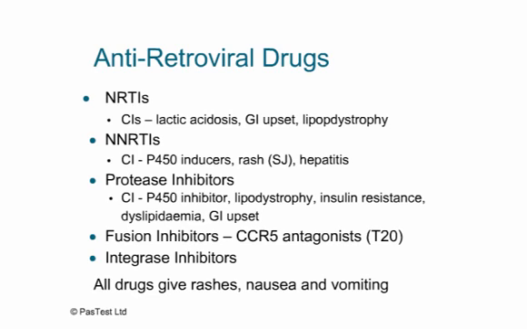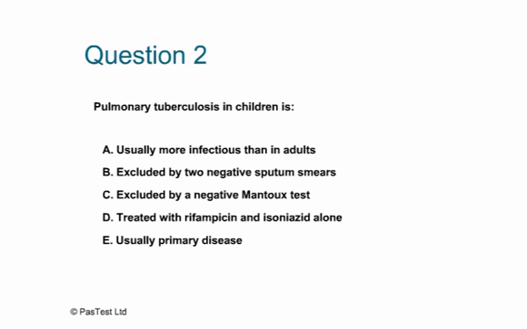So question 2. Pulmonary TB in children is: A, usually more infectious than in adults; B, excluded by 2 negative sputum smears; C, excluded by a negative Mantoux test; D, treated with rifampicin and isoniazid alone; E, usually primary disease.